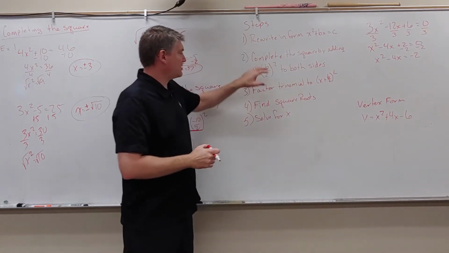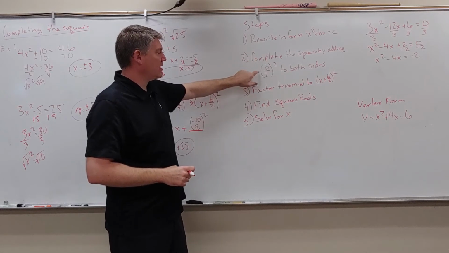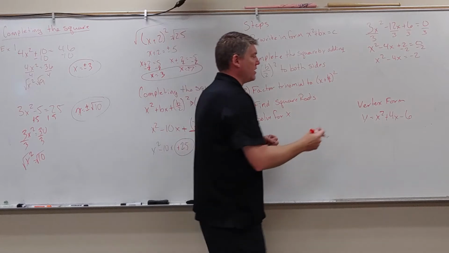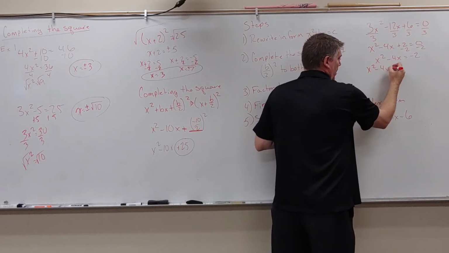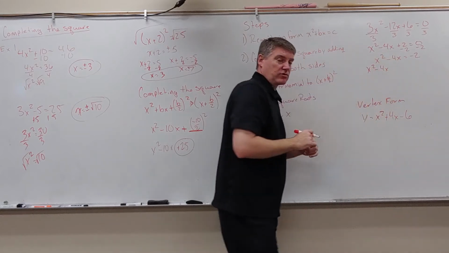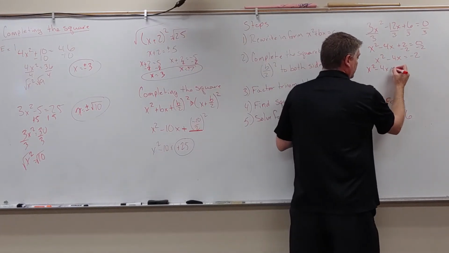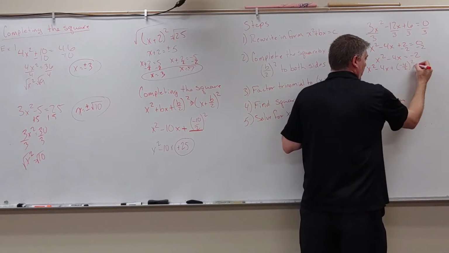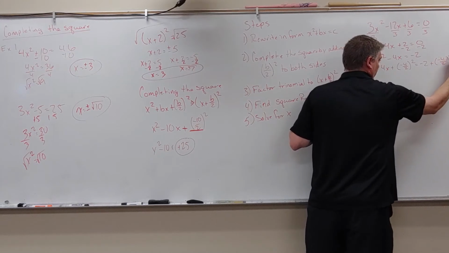The next step says to complete the square by adding b over 2 quantity squared to both sides. So I'm going to take my b and divide it by 2, so negative 4 divided by 2. I end up with x squared minus 4x plus negative 4 over 2 quantity squared equals negative 2 plus negative 4 over 2 quantity squared.